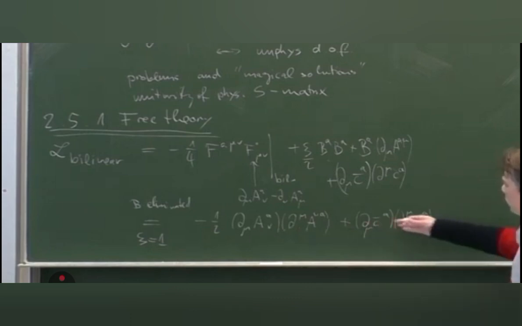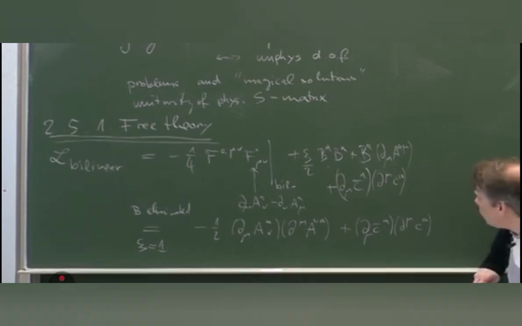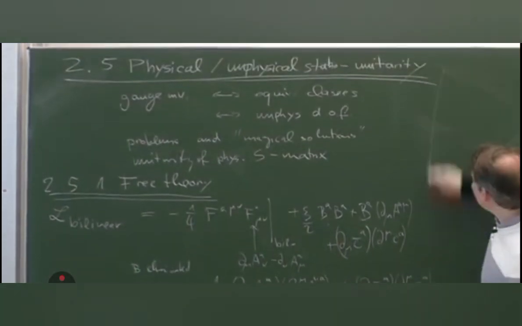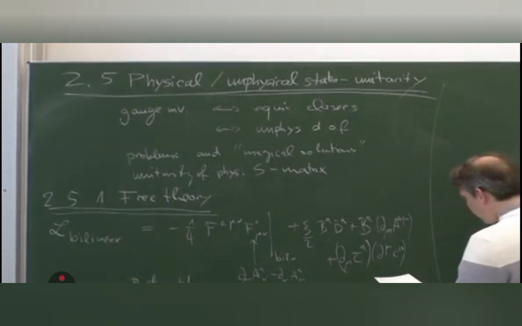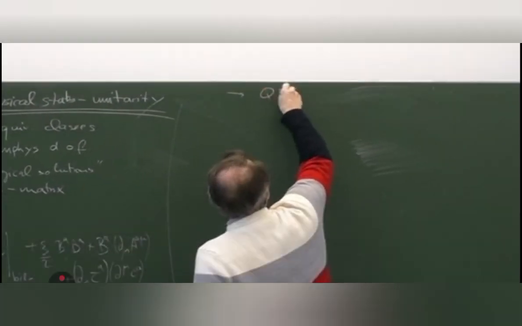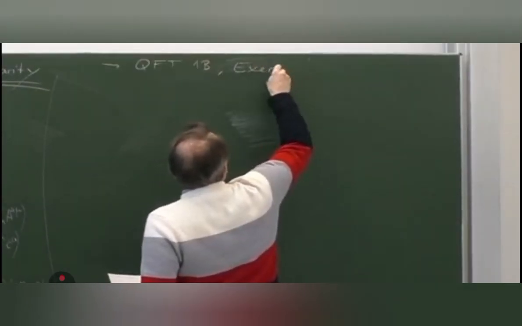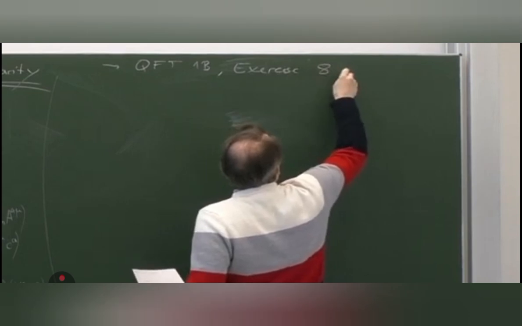And here we have a quantization of a scalar ghost field, which we didn't discuss in the lecture, but actually we did discuss it in an exercise. And so we can completely copy the results from that exercise sheet. That was Quantum Field Theory 1B, exercise 8, number 2.